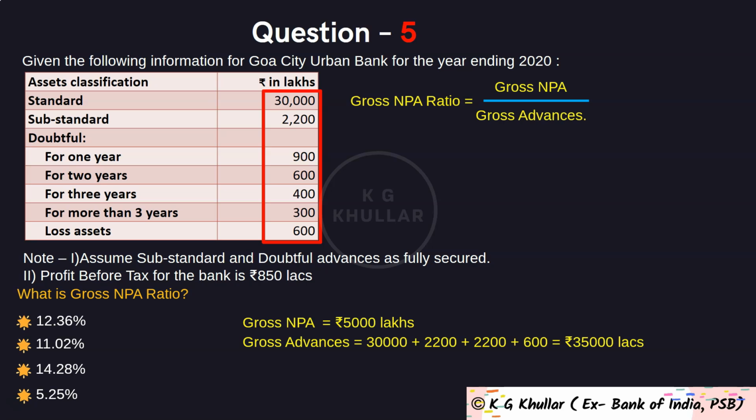So gross advances equals 30,000 plus 2,200 plus 2,200 plus 600 equals rupees 35,000 lakhs. Thus gross NPA ratio will be simply 5,000 divided by 35,000 multiplied by 100 equals 14.28%. So the correct option for the given question is option C.